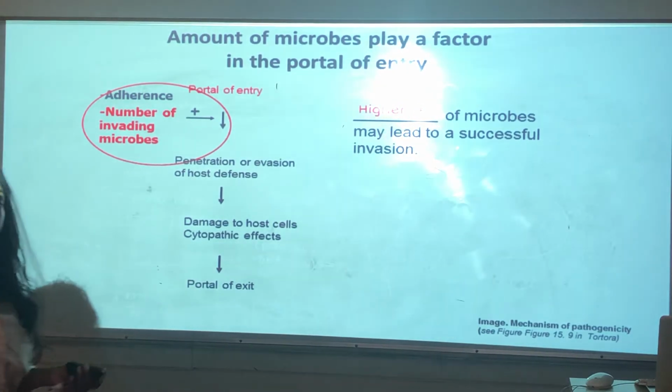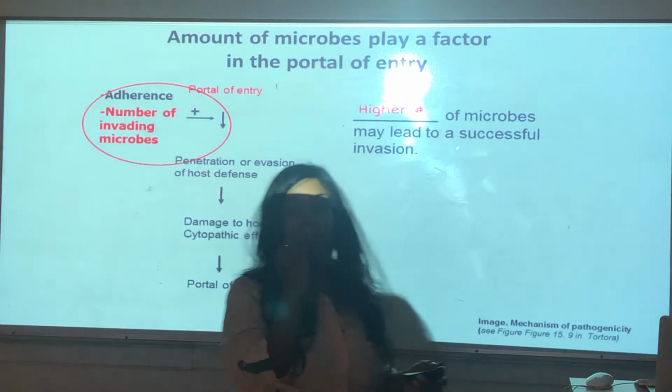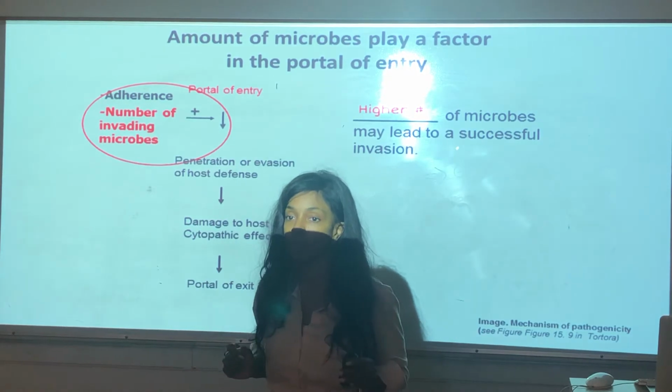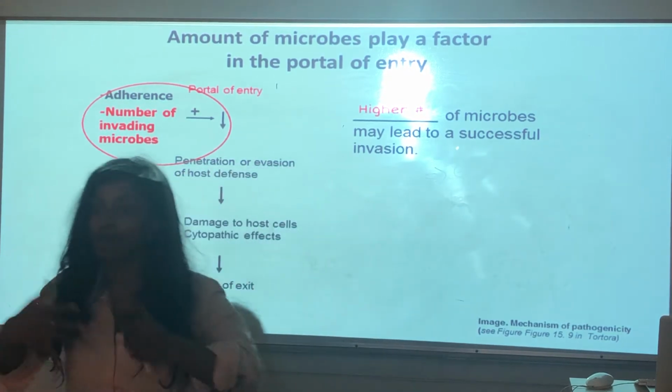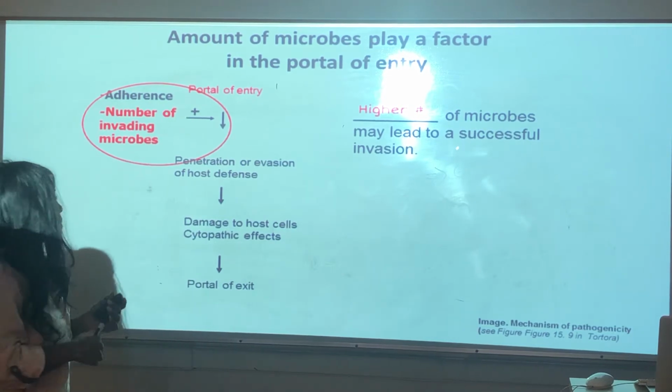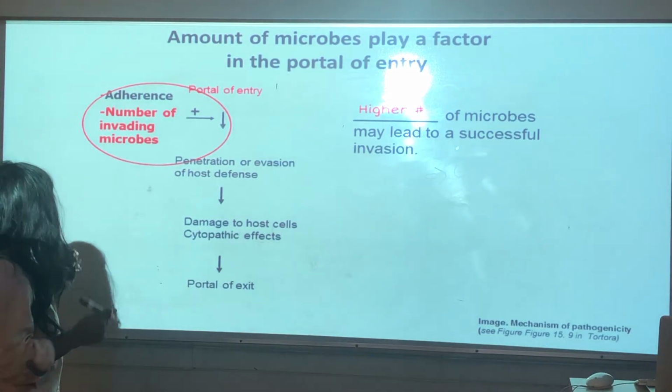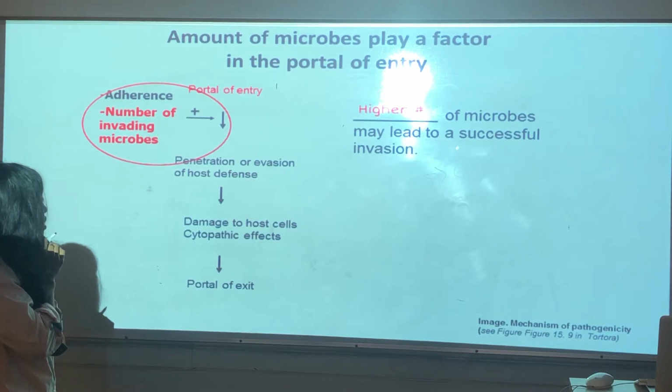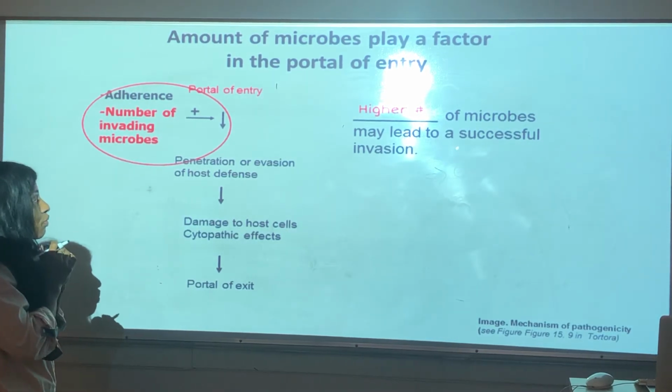Maybe one or two microorganisms come in and they're not so successful, but the more that come in, the greater chance they will work together and survive your immune responses. So the number of invading microbes is important for the portal of entry.